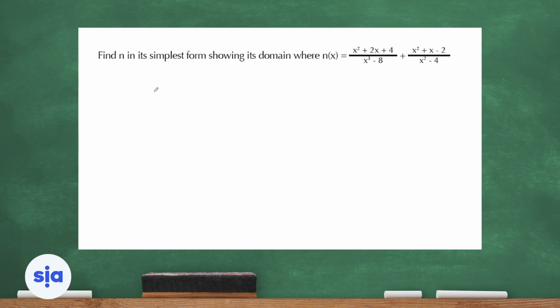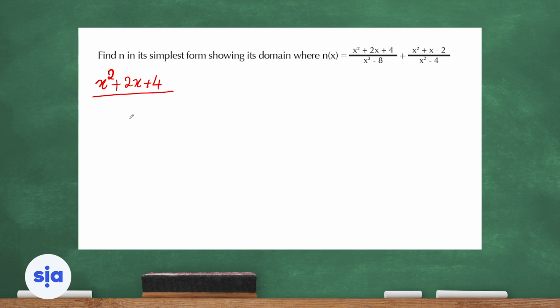So here, let's factorize each of the numerators and the denominators if possible. The first one cannot be factored, so it's x squared plus 2x plus 4.